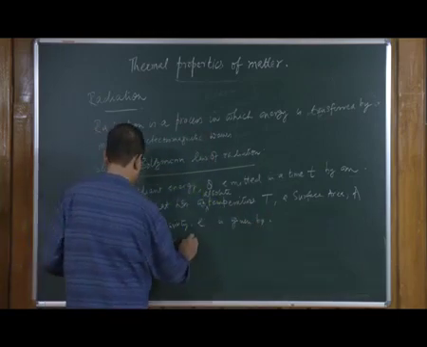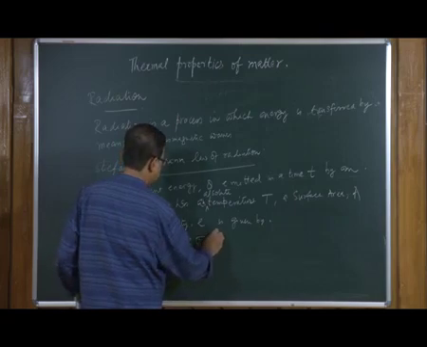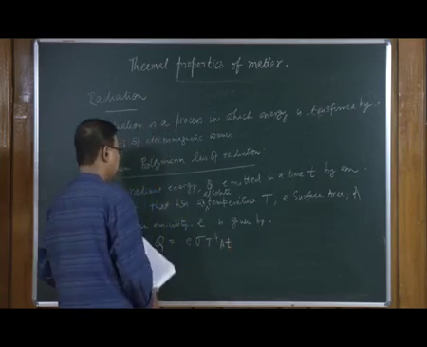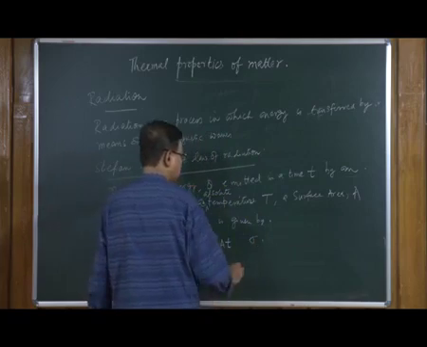Q equal to e sigma T to the power 4 A t, and this sigma is known as the Stefan-Boltzmann constant.